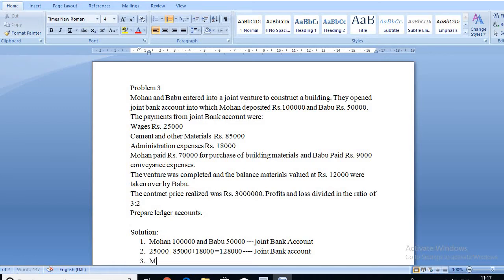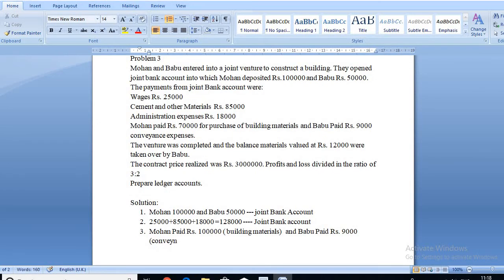So the third transaction: Mohan paid 1 lakh rupees for building materials, and Babu paid rupees 9,000 for conveyance expenses. So the third transaction is over.